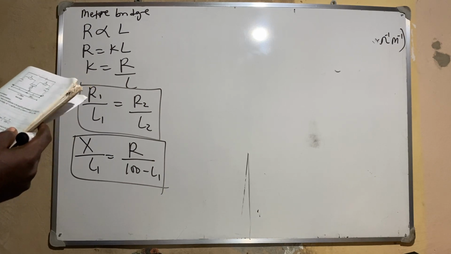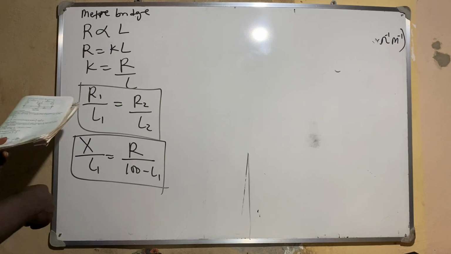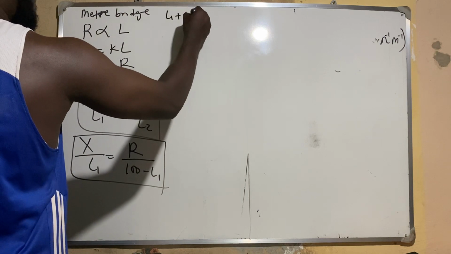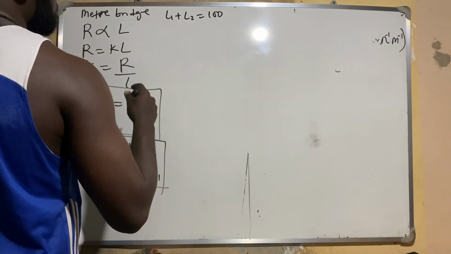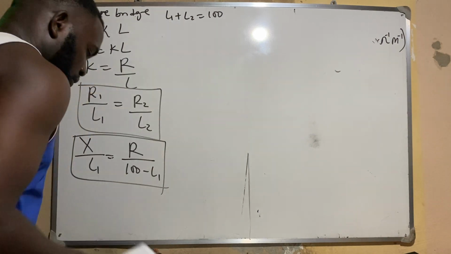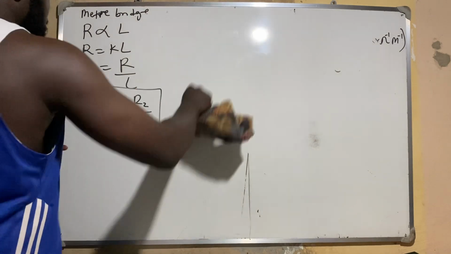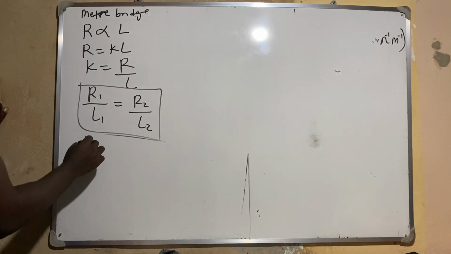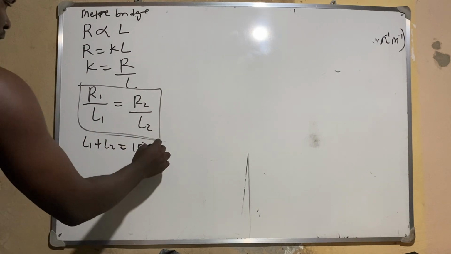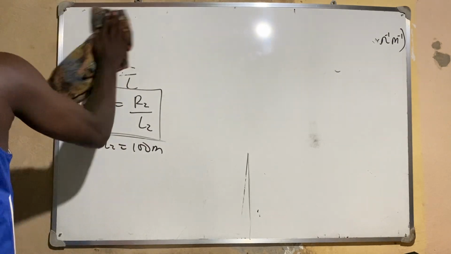In fact, you should just know that the total length L1 plus L2 is equal to 100. Forget about this formula; just note the first formula, and then know that L1 plus L2 is equal to 100. These are the two things you need to know. So let us solve our questions.